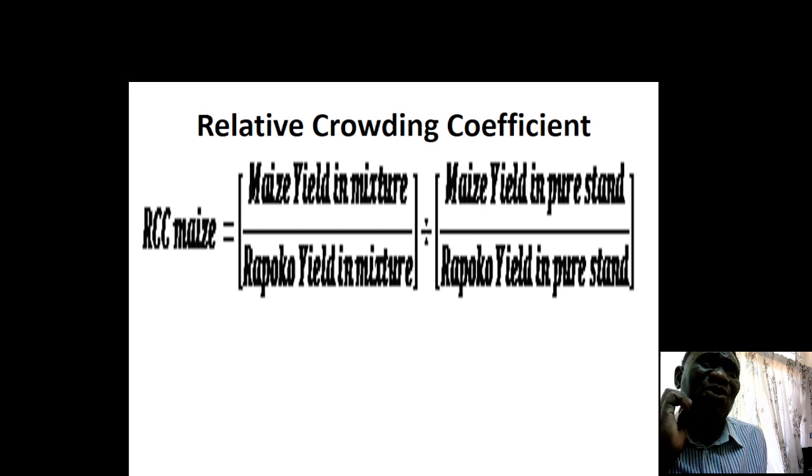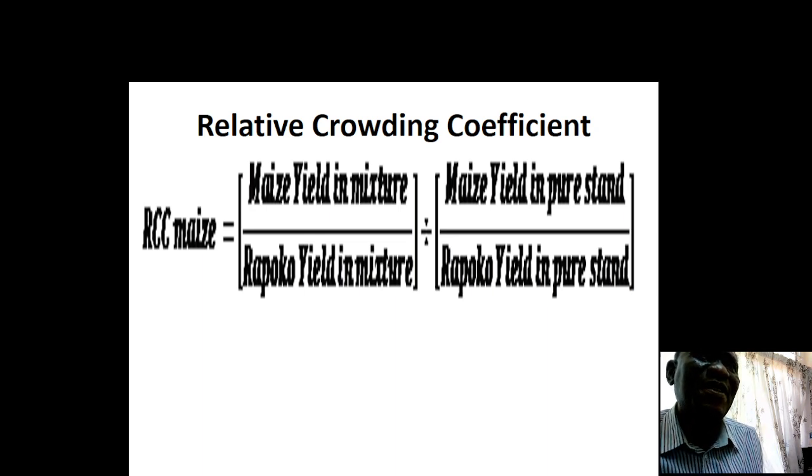There's also what we call relative crowding coefficient. Let's say we have got maize and rapoko in a mixture. Relative crowding coefficient, in short, we call it RCC. If we want to find the relative crowding coefficient of maize, we can get it using that formula.